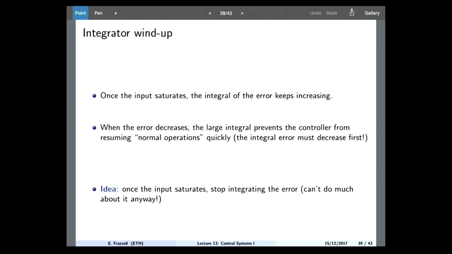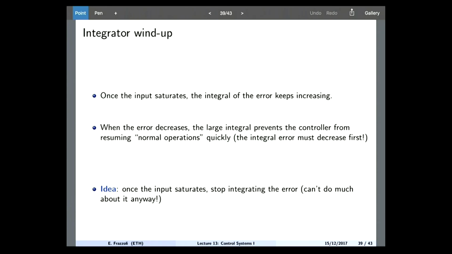Essentially, once the input saturates, the integral of the error keeps increasing, and there is nothing you can do about it, because that's the highest control action that you can apply. So this large integral prevents the controller from resuming normal operations once you get close to the reference point again. Okay, so how do you fix it?